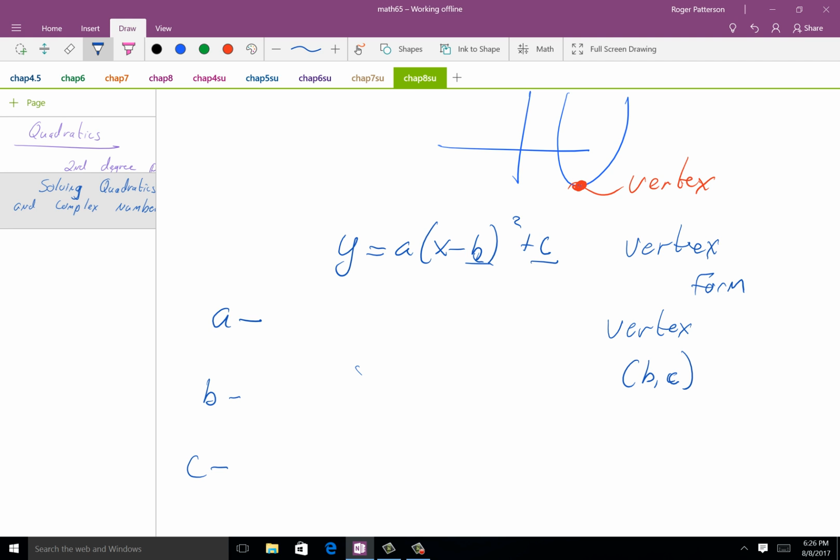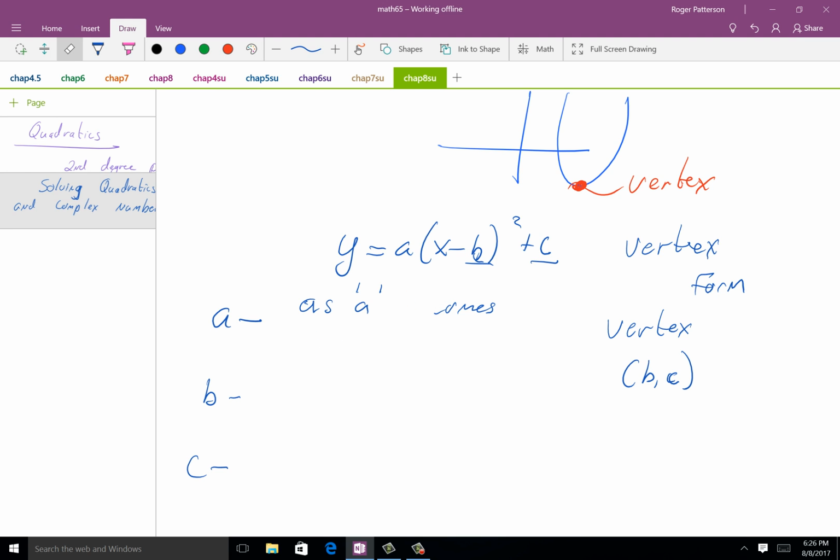Okay, so let's review a little bit about what A does, and we're going to write this down. It determines the direction of the graph's opening and also its width or narrowness. I want to say something kind of like that.